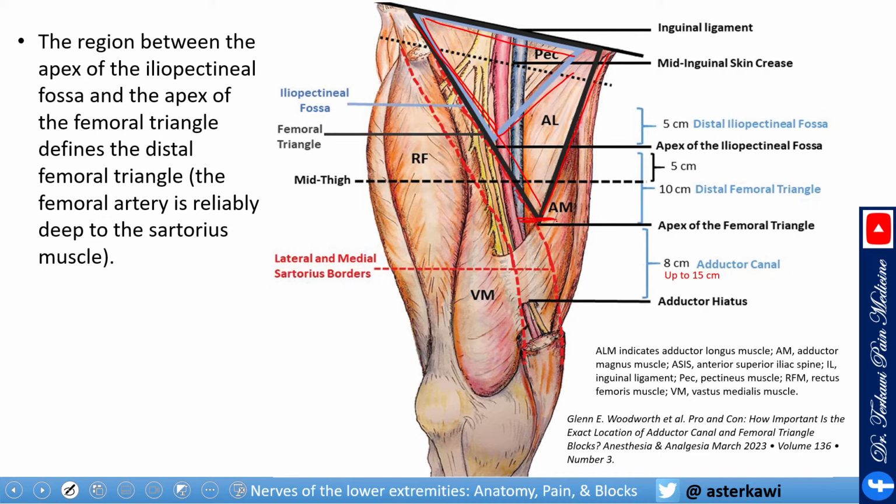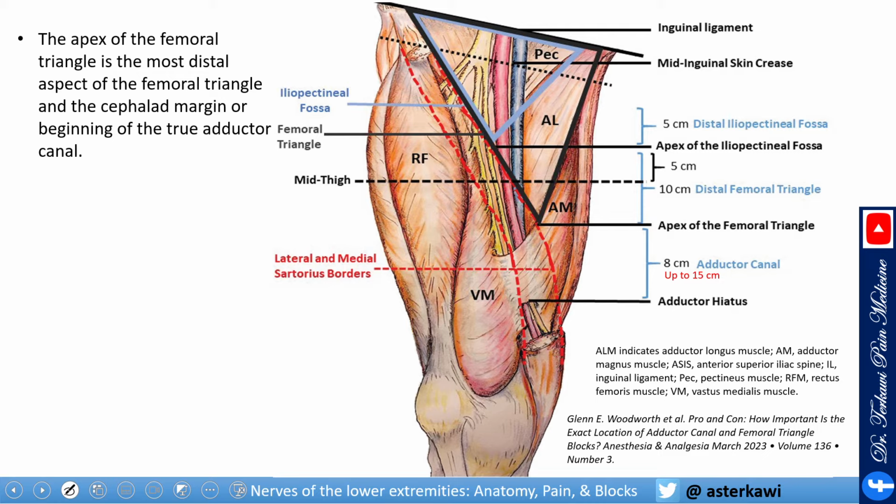From the end of the femoral triangle to the adductor hiatus, this part here is called the adductor canal. And the length of the adductor canal varies between people. References say anywhere between 8 centimeters to 15 centimeters.